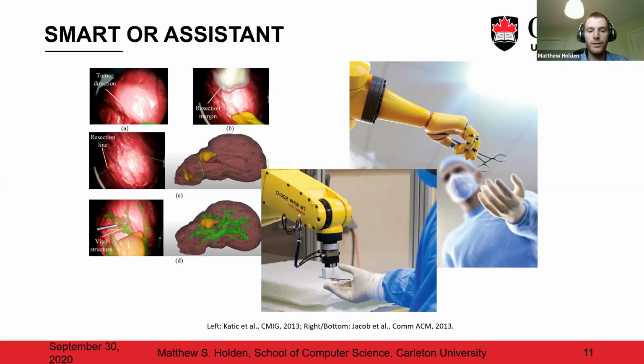Or we could introduce context-aware augmented reality. So that is, provide the right type of display of some sort of augmented reality image, depending on what the surgeon's doing and what will be most useful for that particular step of the intervention.